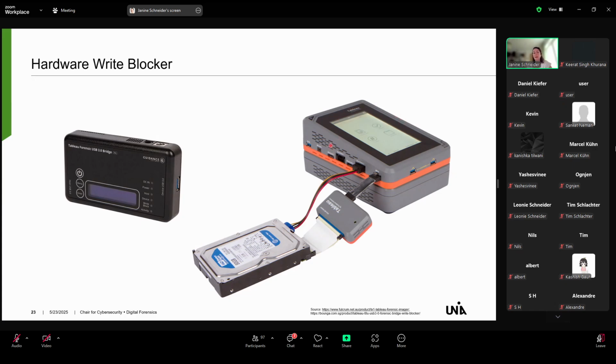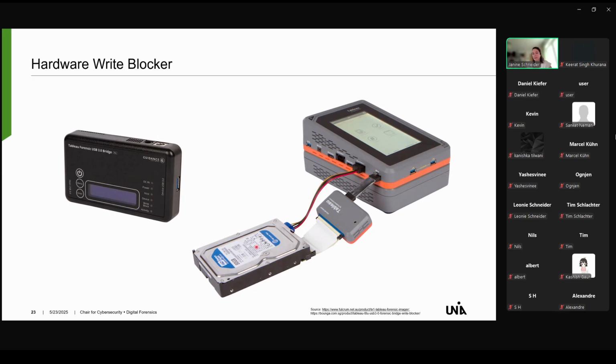And then you can use the UI for interacting with the device. In case of that sophisticated hardware write blocker, you can not only copy the data, it also creates the hash value for you.